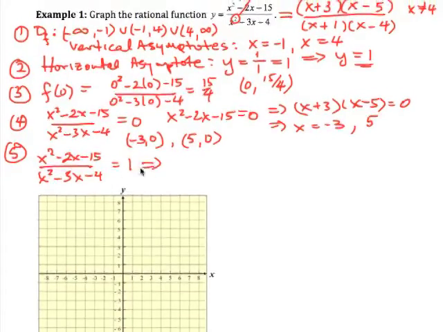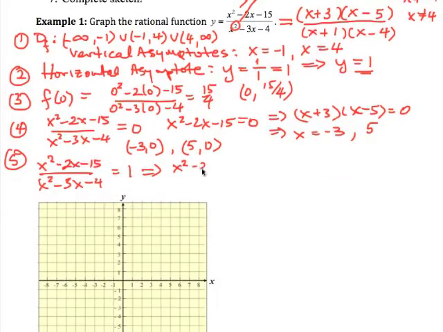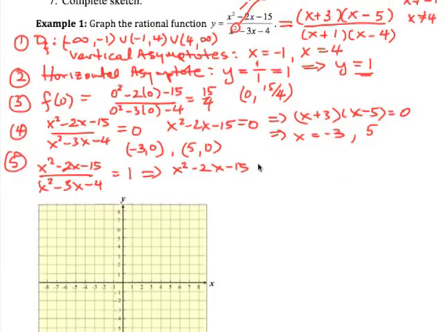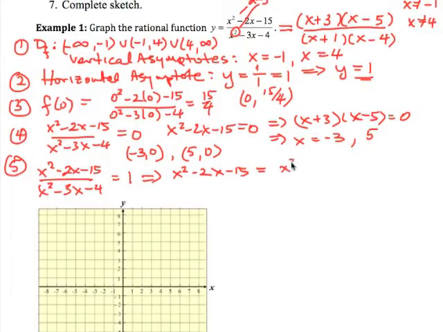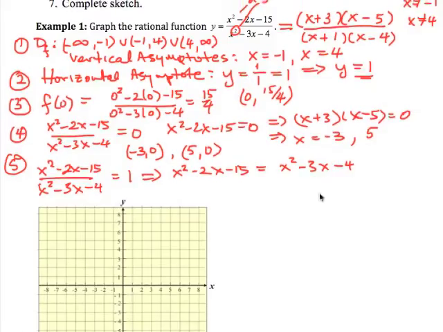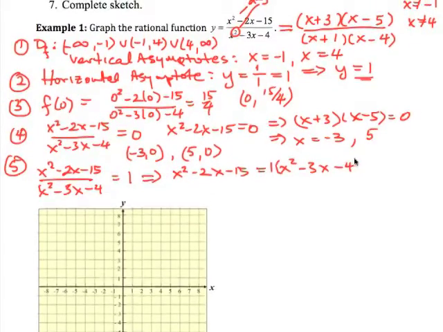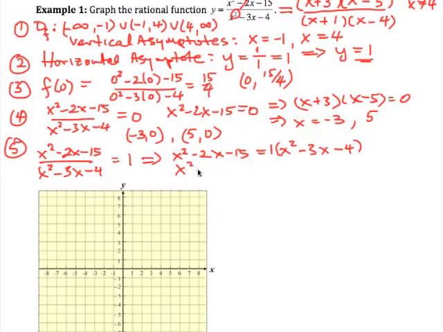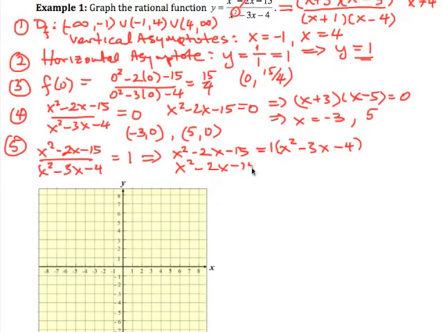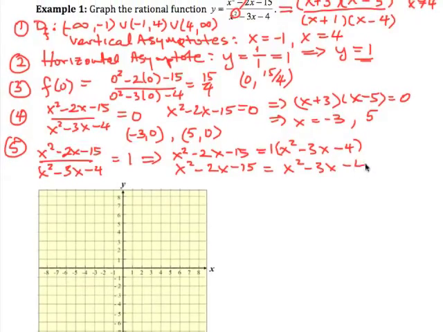Okay, so this implies if I multiply through by the denominator function, I'll have x squared minus 2x minus 15 is equal to x squared minus 3x minus 4. Now notice that, because that's 1 times that, I can put the 1 there if you like. So really what we have is x squared minus 2x minus 15 equals x squared minus 3x minus 4.